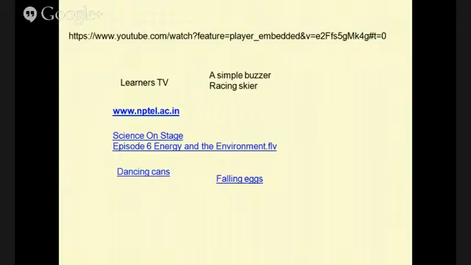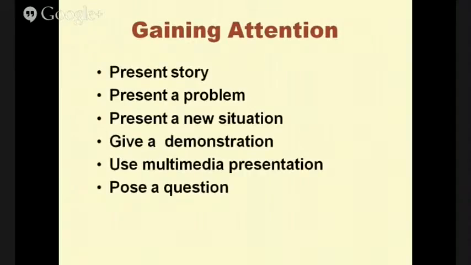So what can be done? After exchanging pleasantries, you can stand still in a class silently for a fraction of a second. You enter the class, silently you stand, and automatically the students pay attention. Then comes the subject, where you can present a story.